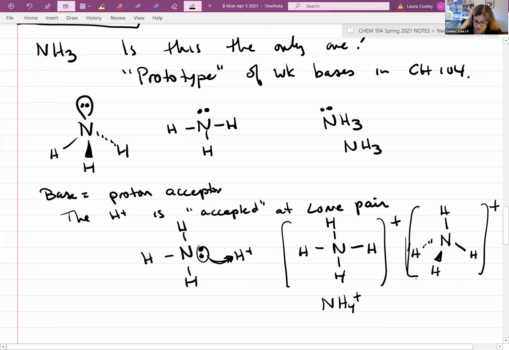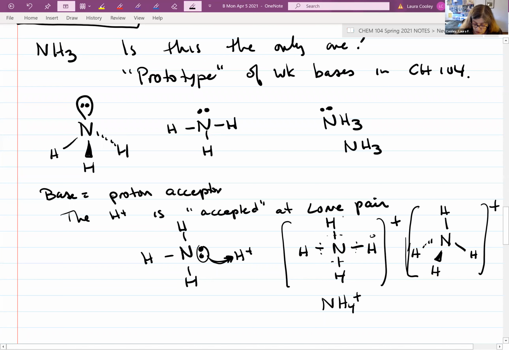And if you look, you could see the formal charges of each of these hydrogens. If you divide these bonds in half, you have formal charges of 0 on each hydrogen, right? Remember, hydrogen has 1 valence electron, and if you divide this bond in half, it gives 1 electron to each hydrogen.